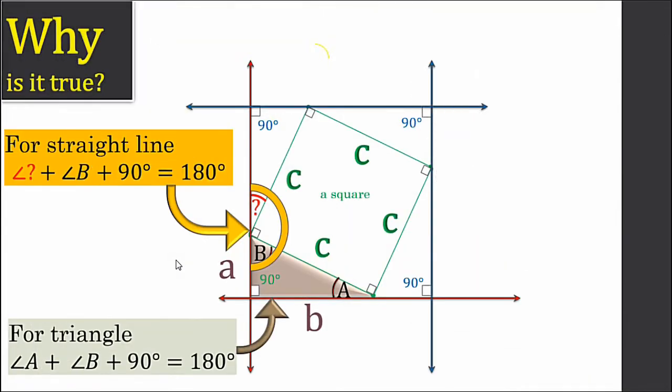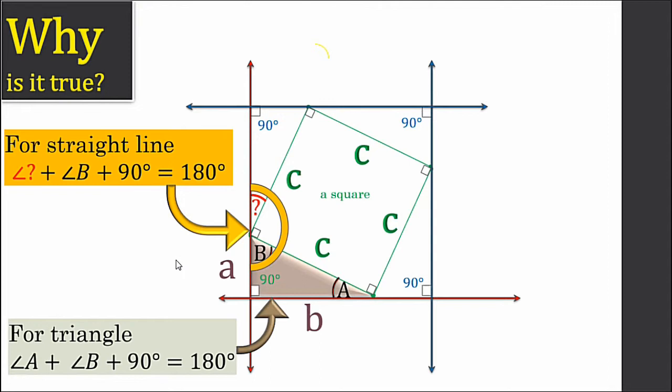Recall that a straight line is 180 degrees. Recall also that the angles in a triangle add to 180 degrees. The olive green box shows the sum of the angles of the brown triangle as 180 degrees. That is, angle A plus angle B plus 90 degrees equals 180 degrees.